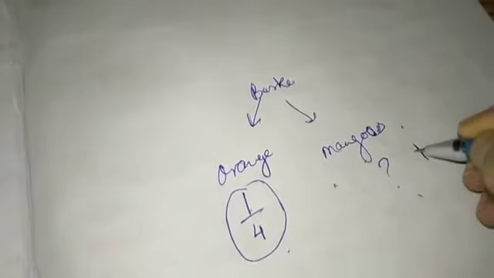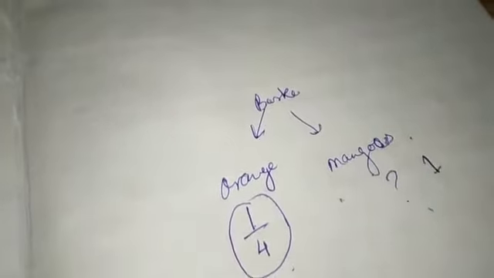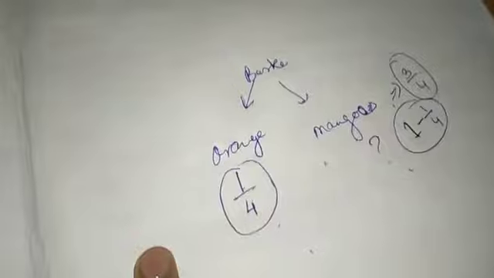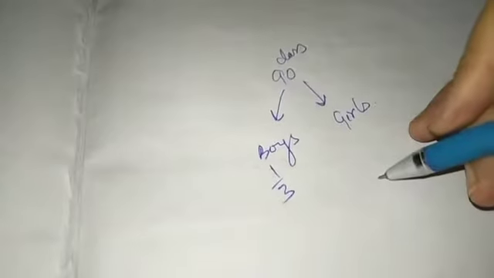You will keep 1. Any value overall is 1. From 1 you will subtract the given fraction and you will get the fraction of mangoes present in the basket. Okay. Whenever you have two values, like boys are 1/3, now it is asked how many girls are present.